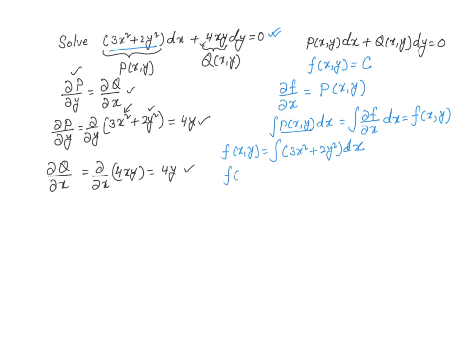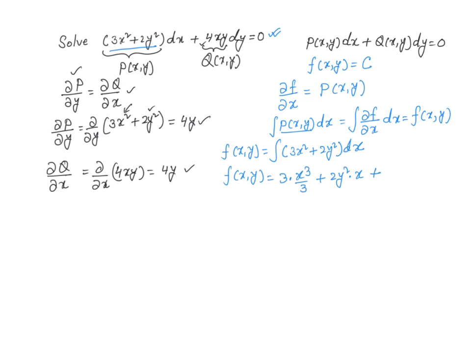This gives me f(x, y) is equal to the integral of 3x² with respect to x, which is 3 times x³ over 3, plus 2y², which is going to be a constant, so the integral of dx is just x.